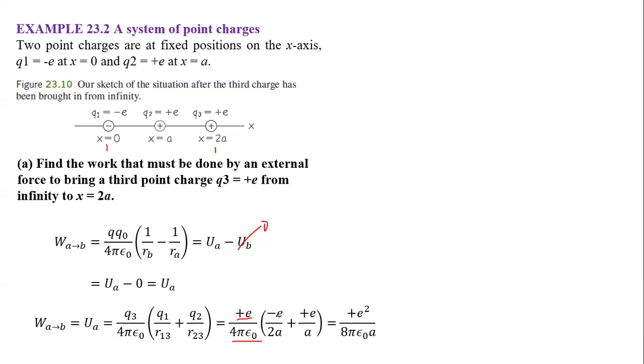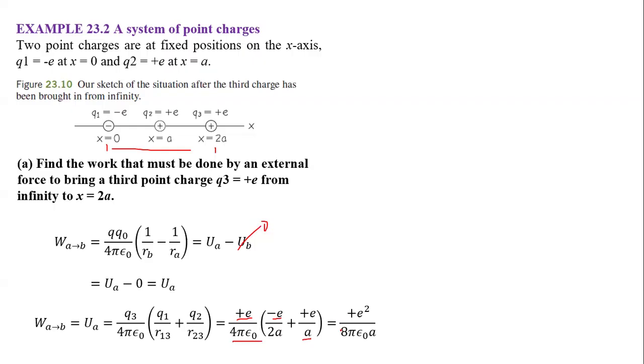The charge of q1 is negative e, and the distance from here is just 2a, and the charge of q2 is positive e, and the distance is just a. So if we multiply this, we have negative 1/2 plus 1, which is equal to 1/2. So 1/2 times 1/4 is equal to 1/8.